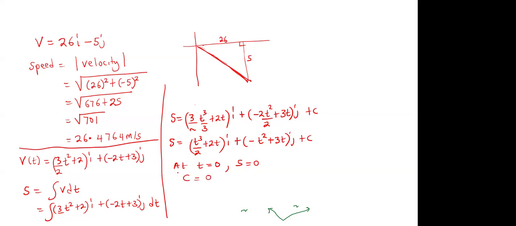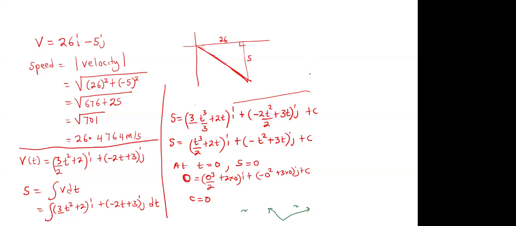When you substitute, you say 0 is equal to 0 cubed out of 2 plus 2 times 0, this is i, plus negative 0 squared plus 3 times 0 j, plus c. So you'll end up with c equal to 0. So that is the first thing you do.